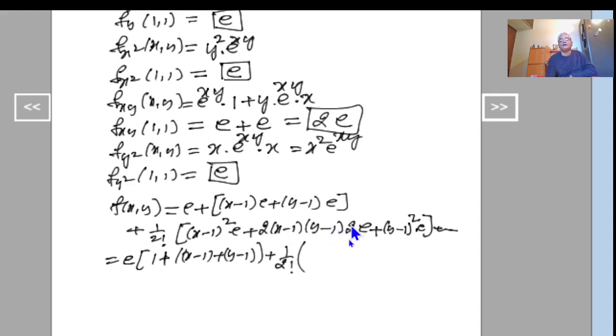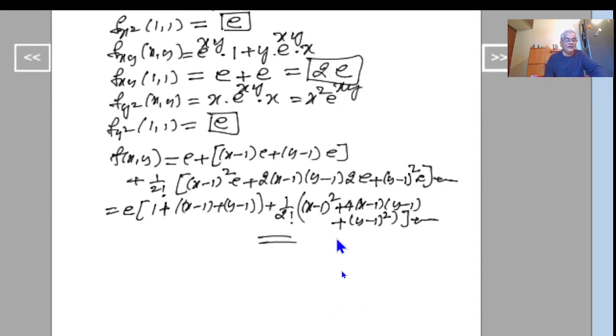This becomes 4 here, e outside, and here y minus 1 square. So this is x minus 1 square plus 2 into 2, 4 into x minus 1 into y minus 1 plus y minus 1 square. Y minus 1 square bracket close plus so on. So this is the expansion of the function using Taylor series. Okay, thank you. I'll stop here.